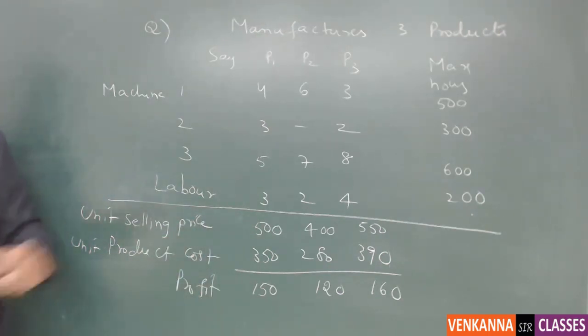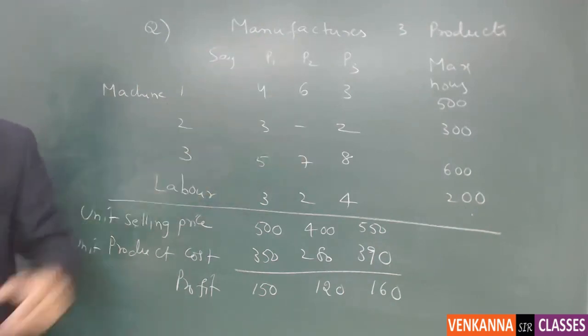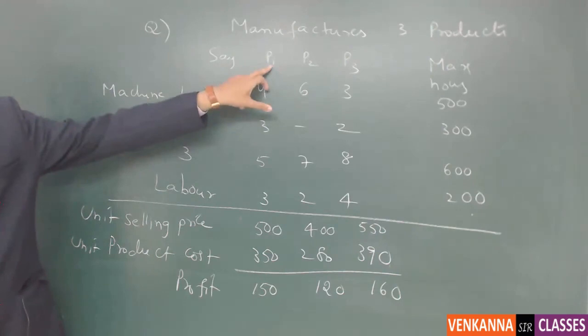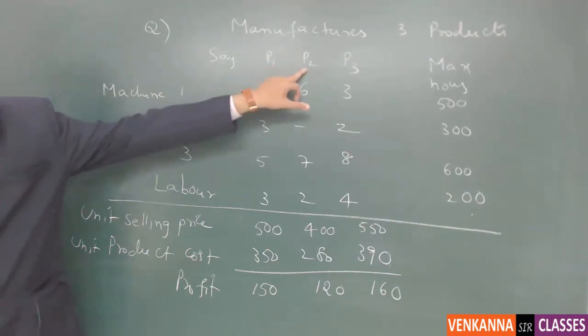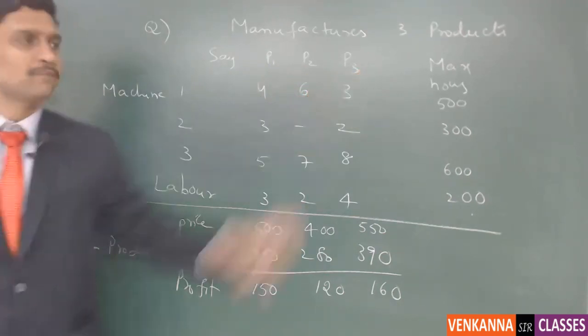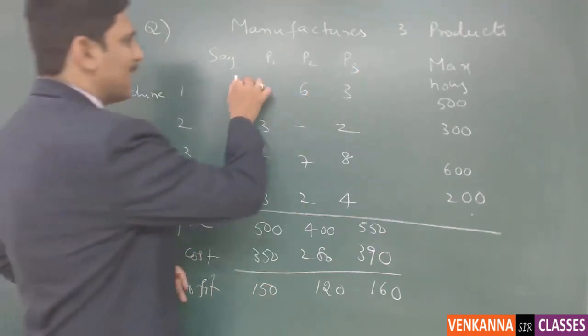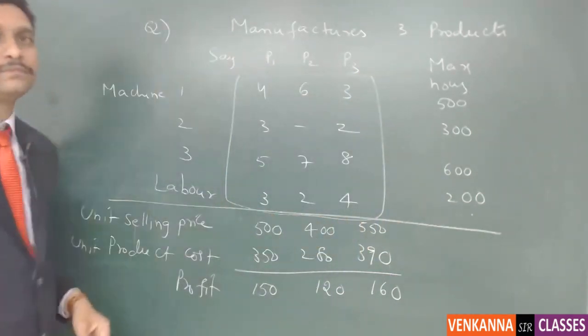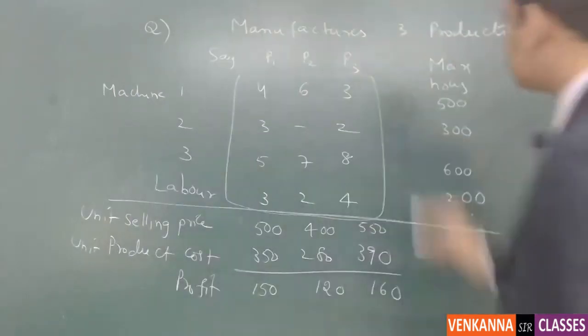Usually for this type of tabular data, X1 stands for the number of units of P1 to be manufactured, X2 for P2, and X3 for P3. You simply take it as a matrix. These are the constraints.